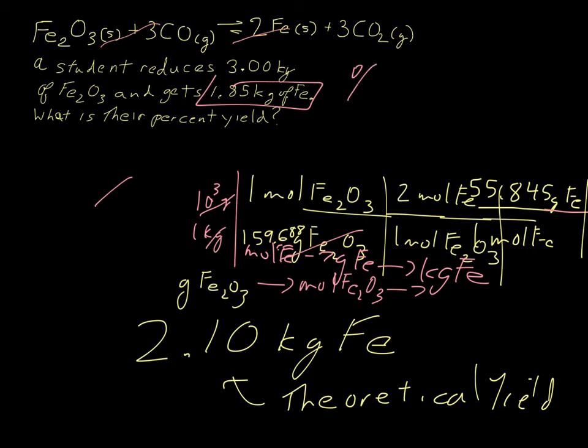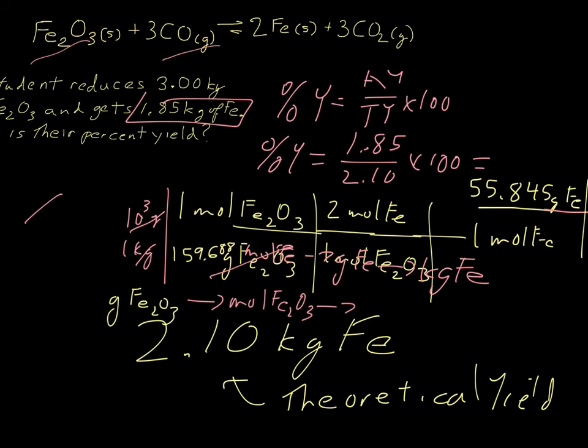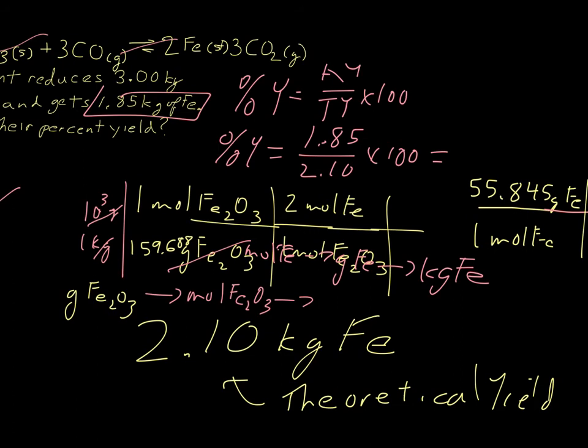So we have percent yield equals actual yield divided by theoretical yield times 100, and that means my percent yield is 1.85 divided by 2.10 times 100 equals 88.2%. Ta-da! So the percent yield would be 88.2%.